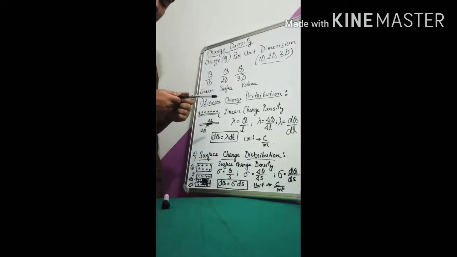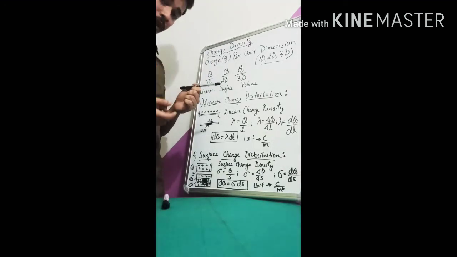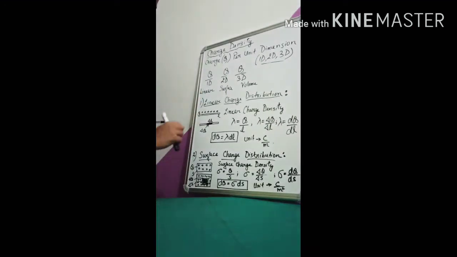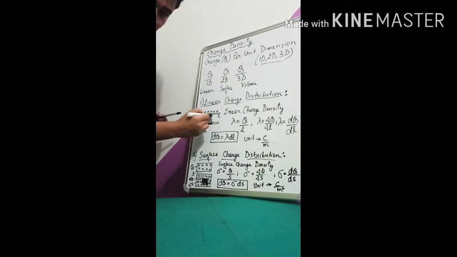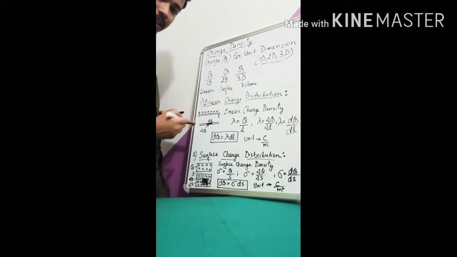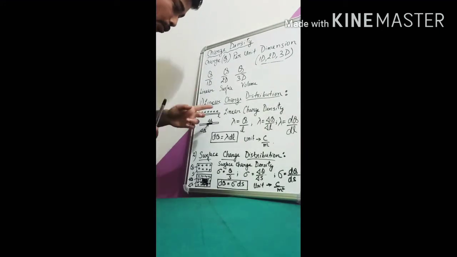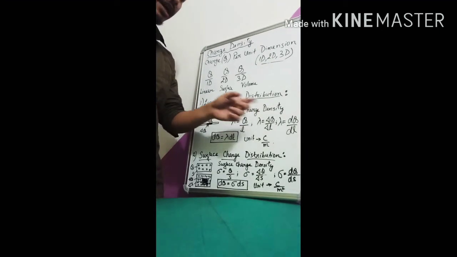For the one-dimensional object, suppose charges are equally distributed over the surface. So we have drawn the diagram here. We have taken a one-dimensional object whose length is L, and we have considered a uniform distribution of charge over its surface. The total charge on the conductor is Q. Now we have to calculate the linear charge density.